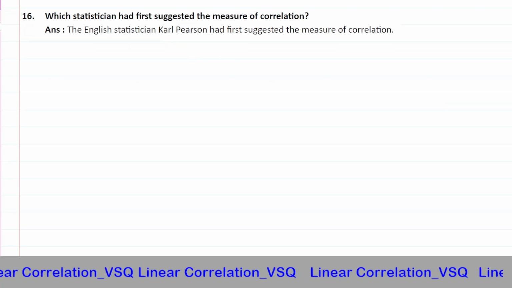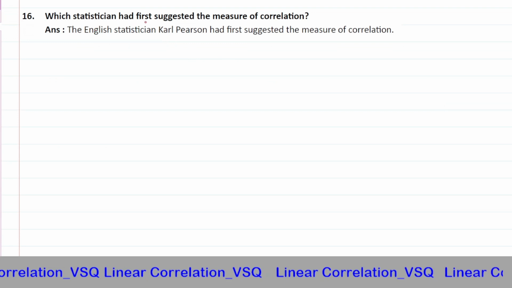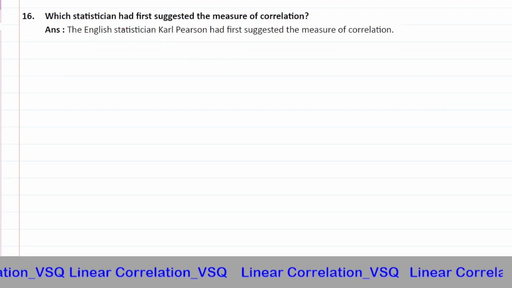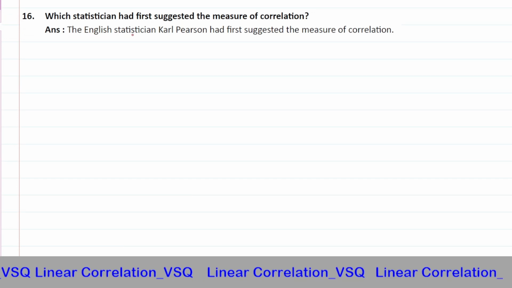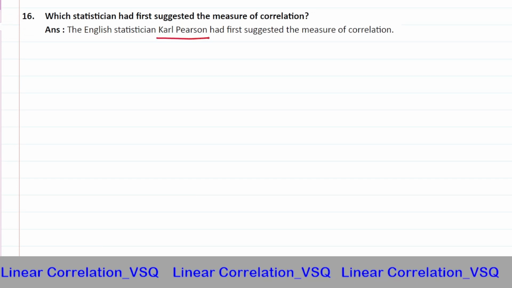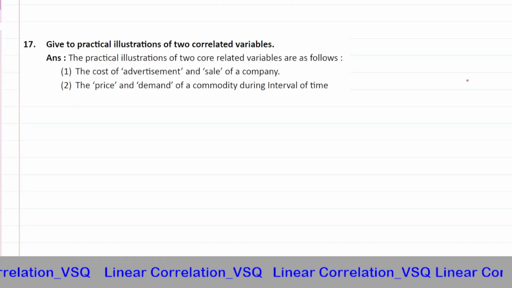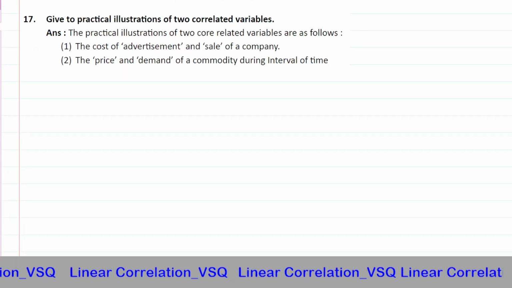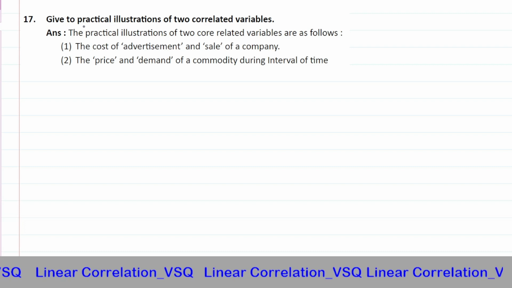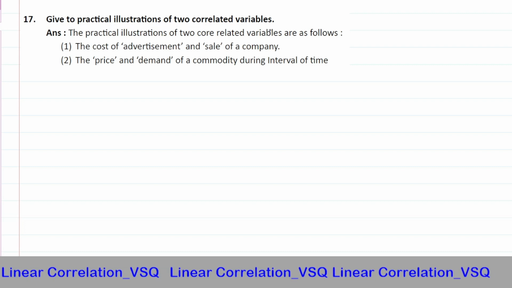Question number 16. Which statistician first suggested the measure of correlation? The English statistician Karl Pearson first suggested the measure of correlation. Question number 17. Give a practical illustration of two correlated variables.